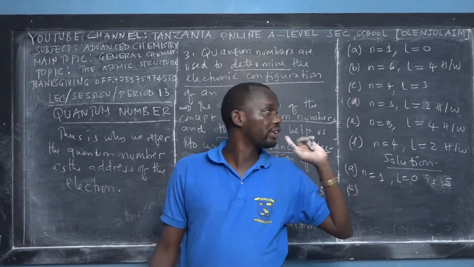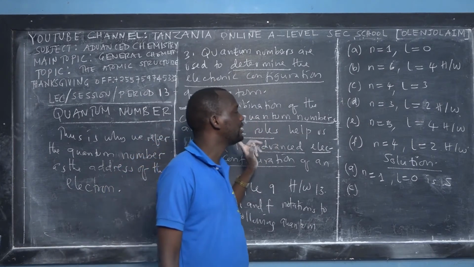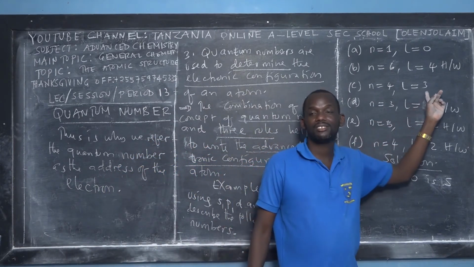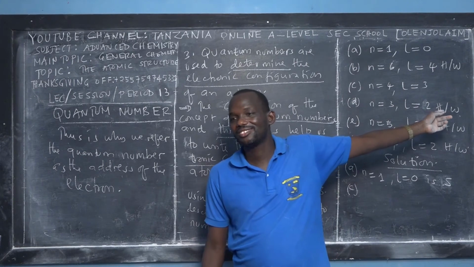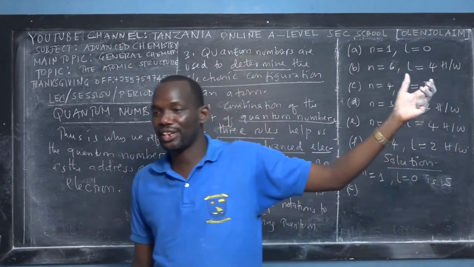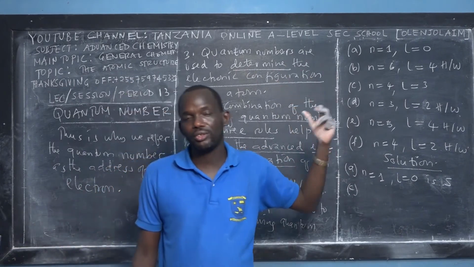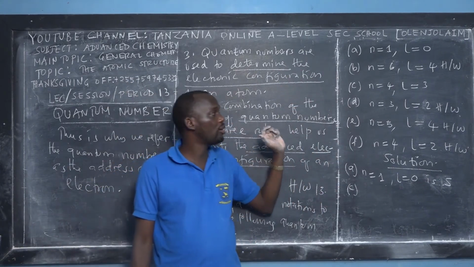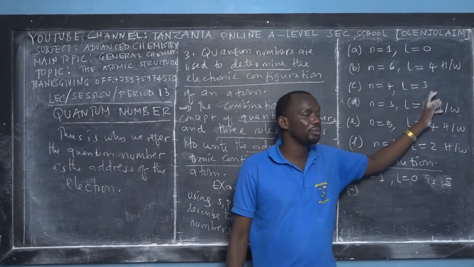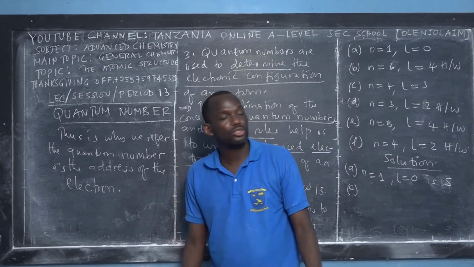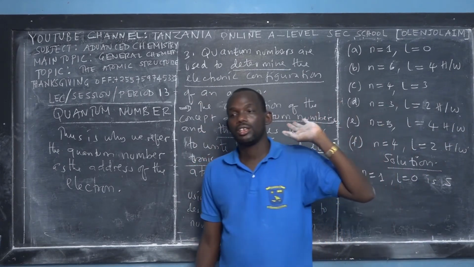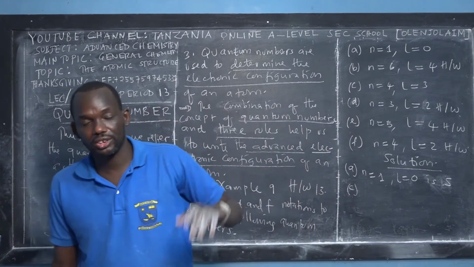So when l is equal to 3, in terms of magnetic quantum number, here we have 7 orbitals. Why? Because negative 3, negative 2, negative 1, 0, positive 1, positive 2, positive 3. So you have how many orbitals? You have 7 orbitals. How many electrons can be accommodated here? 14 electrons can be accommodated.